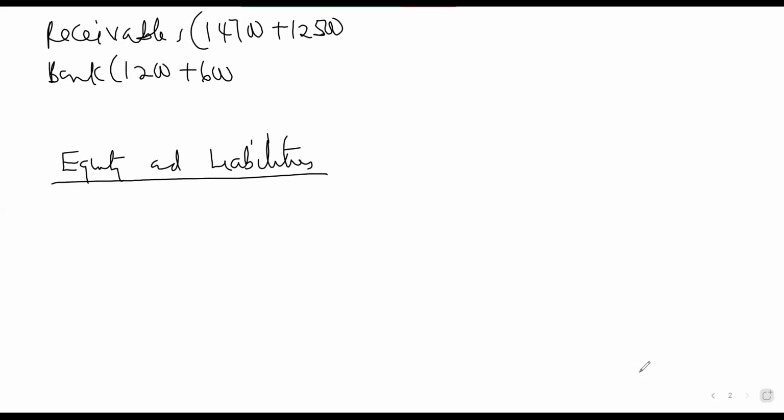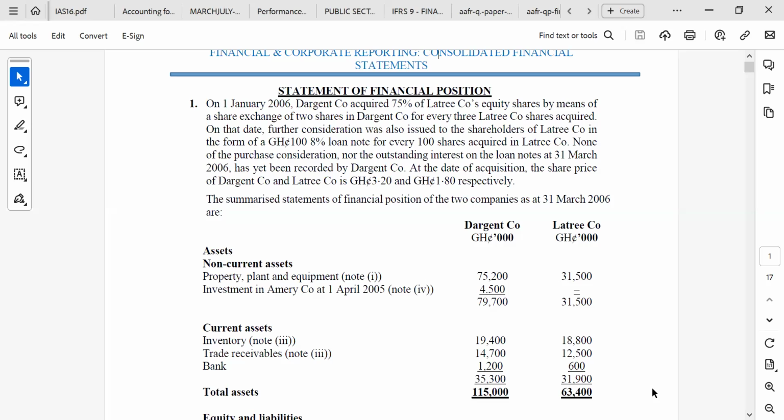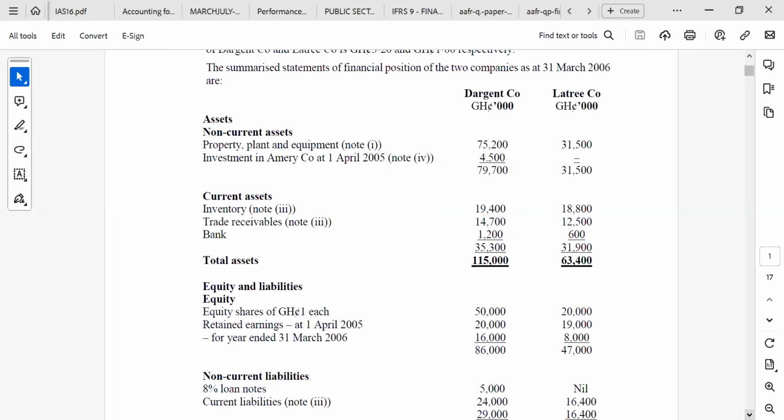So the investment will cancel the equity component and the difference will be the goodwill. The subsidiary's own will be cancelled with the investment, and the subsequent one will be shared among the parent and then the NCI. So we bring only the equity items of the parent.